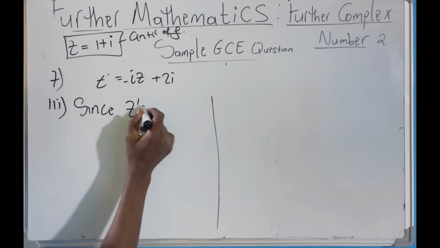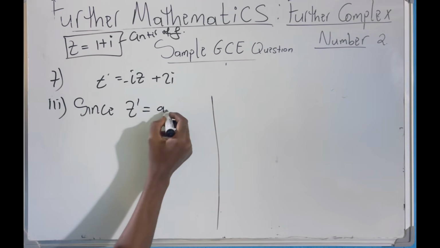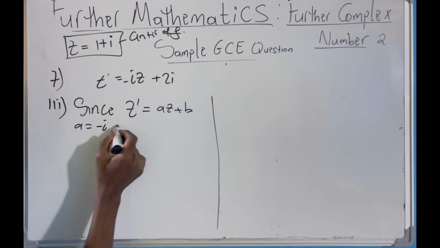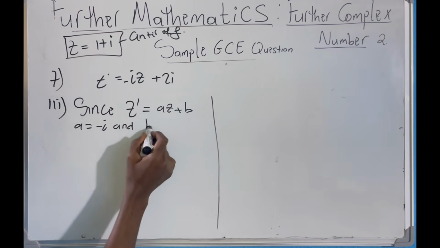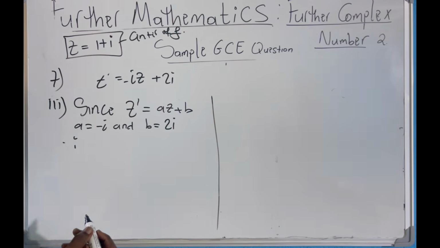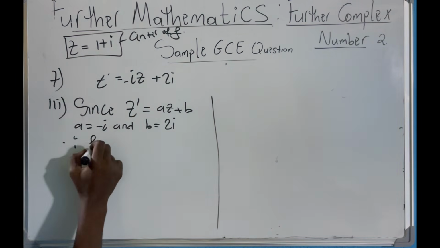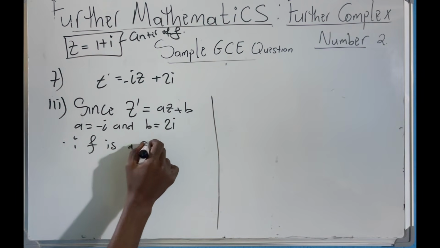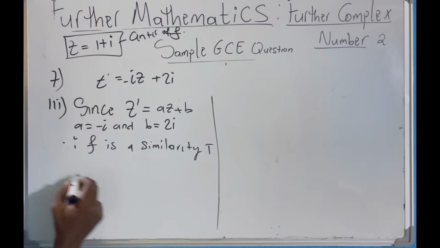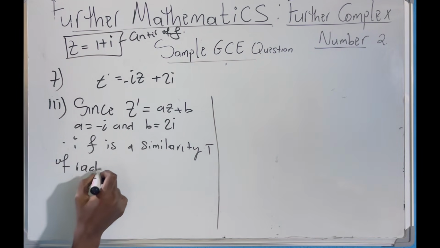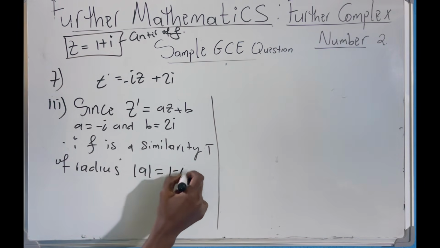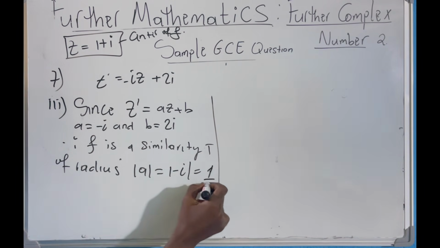Since z prime is written in the form az plus b, where a is negative i and b is 2i, therefore f is a similarity transformation of ratio the magnitude of a. The magnitude of negative i is 1. As easy as that.